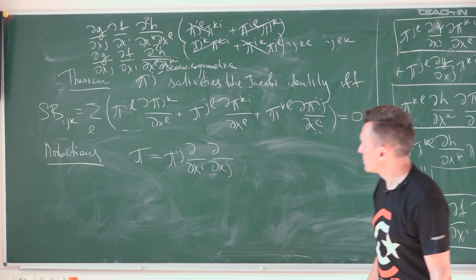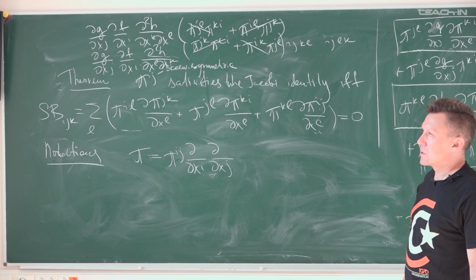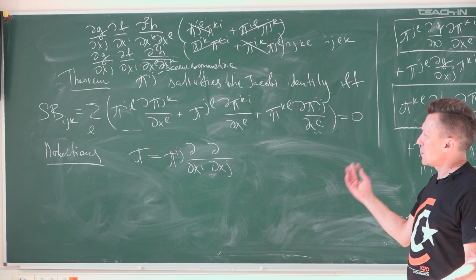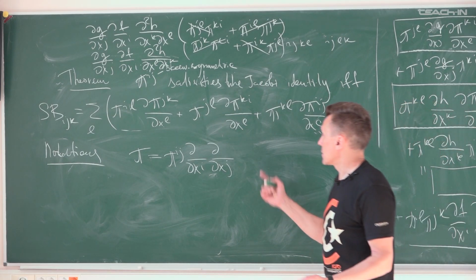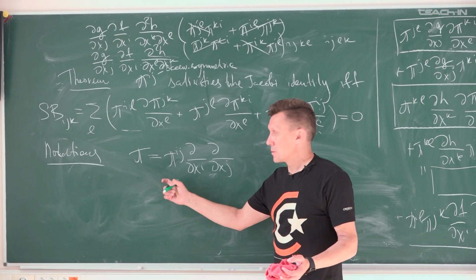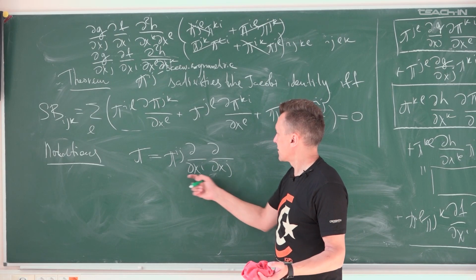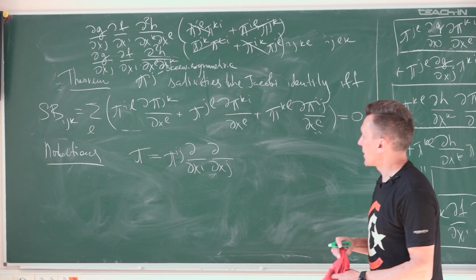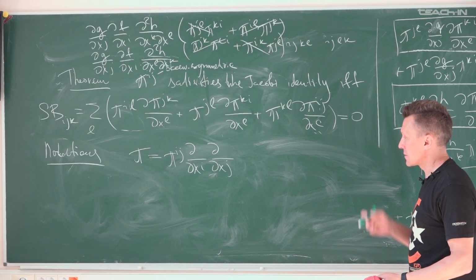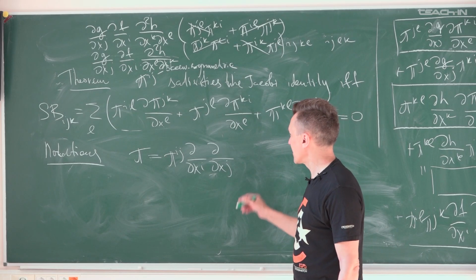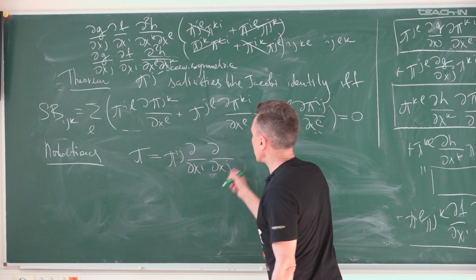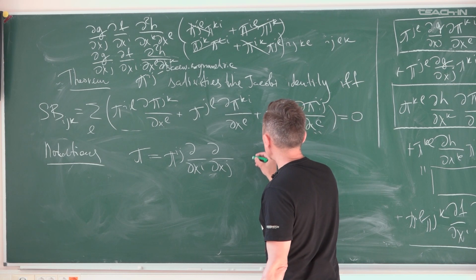So it is a differential operator acting on a pair of functions. That's why it is called a bivector. There are two derivatives in this expression. So we will call such an expression a Poisson bivector.